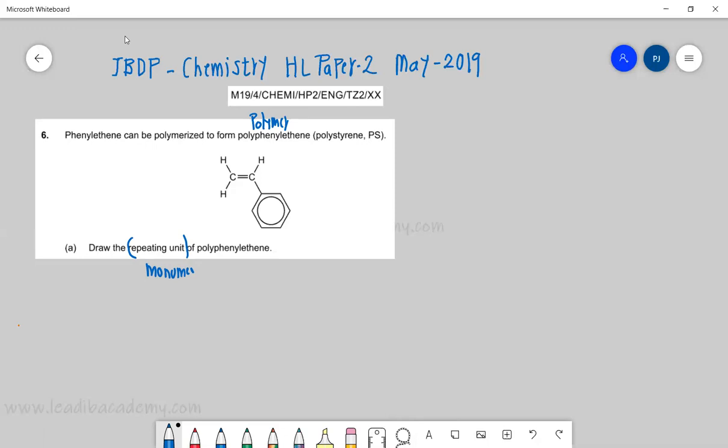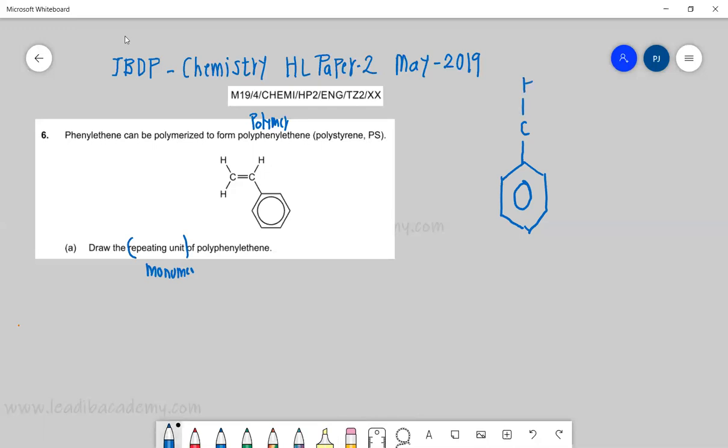So how to look into this? Very simple. Let's redraw this structure. Let me show it slightly differently so that it is helpful.